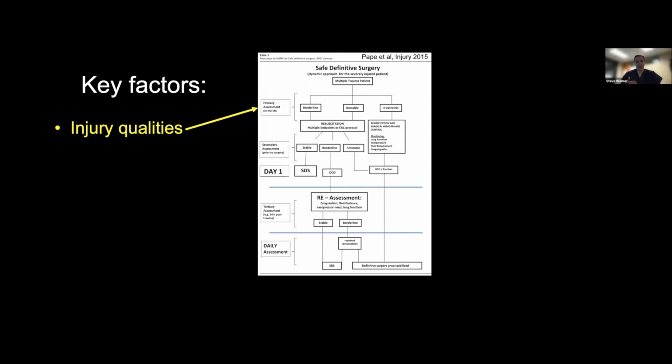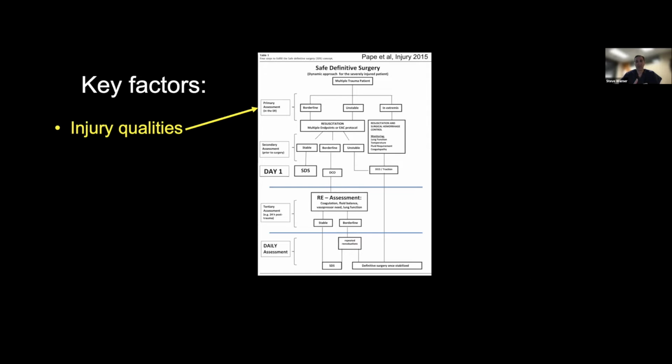And when we talk about the injuries, we like to characterize and classify injuries in orthopedics. It's also important to know the qualities of the injuries. An open tibia fracture can be a small traumatic puncture wound of a simple transverse fracture, or it can be an open degloving injury with extensive contamination. Those are very different injuries. Likewise, pelvis fractures can be stable or unstable.